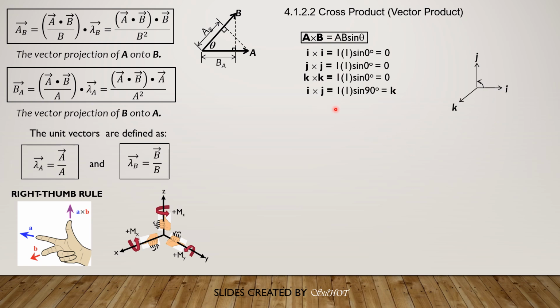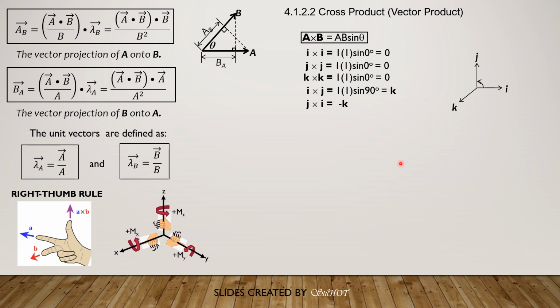So I cross J is equal to K, while J cross I is negative K. To get this result, just position your fingers towards the first positive unit vector, then curl them towards the second unit vector. Your right thumb will be pointing in the negative K direction, so J cross I is negative K.